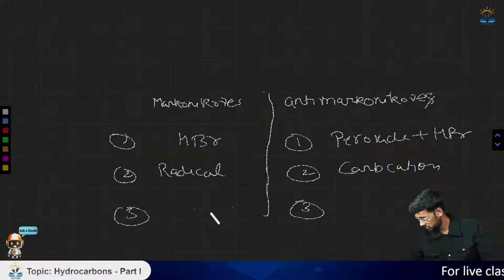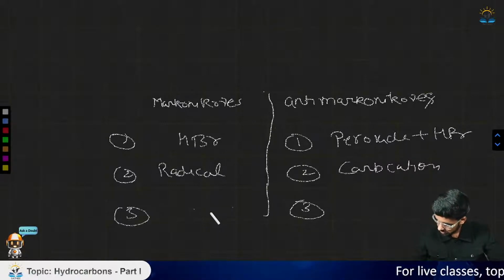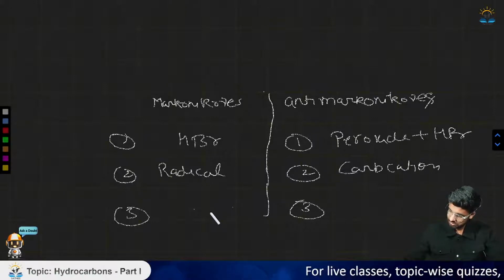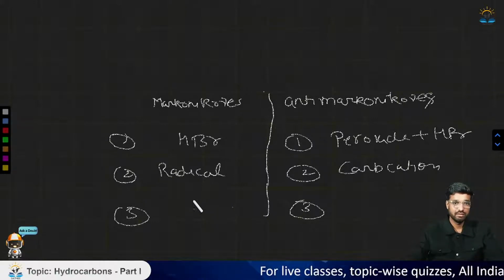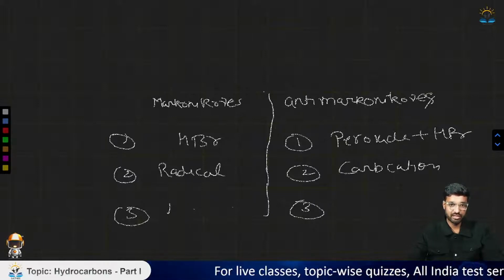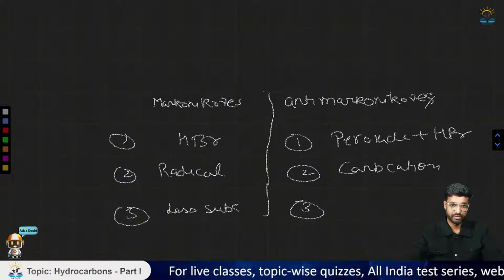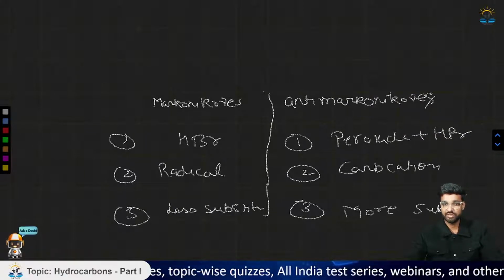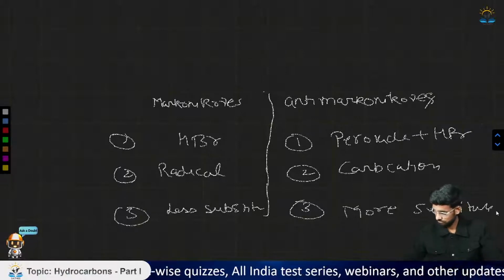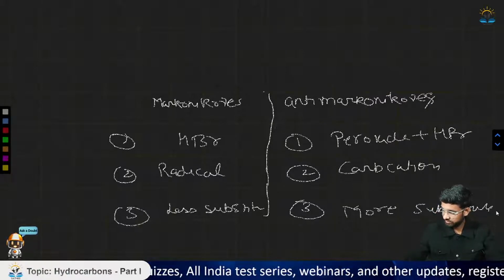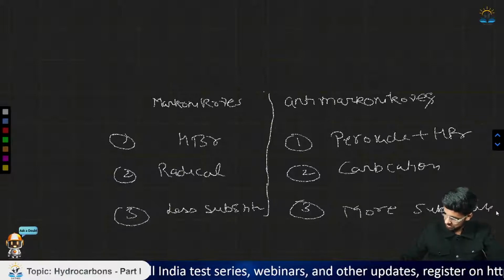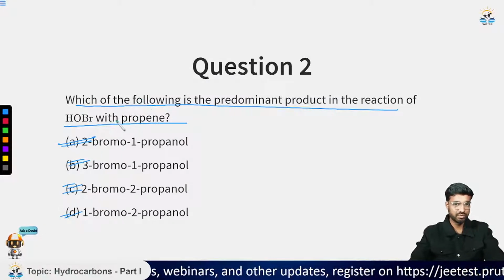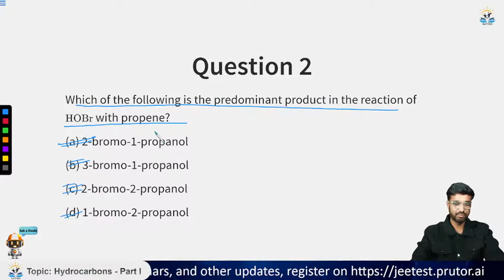In anti-Markovnikov, Br is added on the less substituted carbon side, whereas in Markovnikov the bromine is added on the more substituted one. So this is the difference between these two reactions. Let us see what the question is here. Which of these is the predominant product in the reaction of propene?